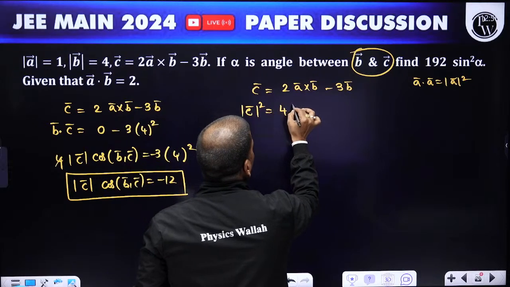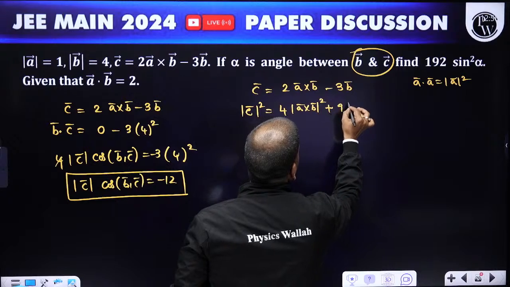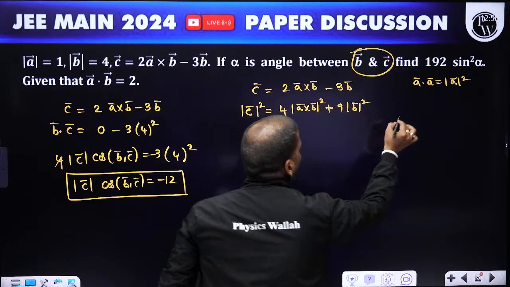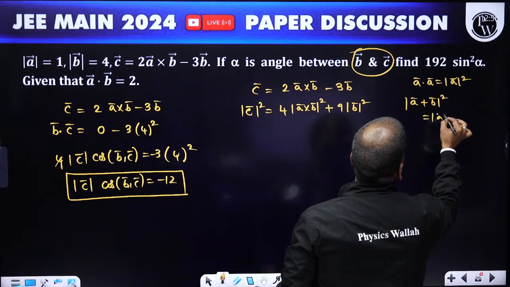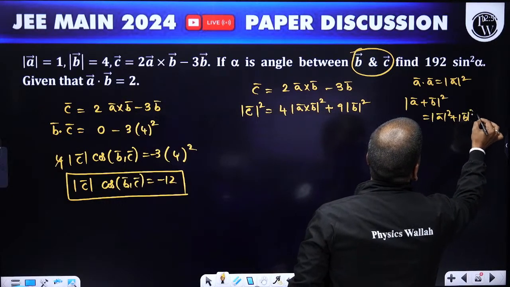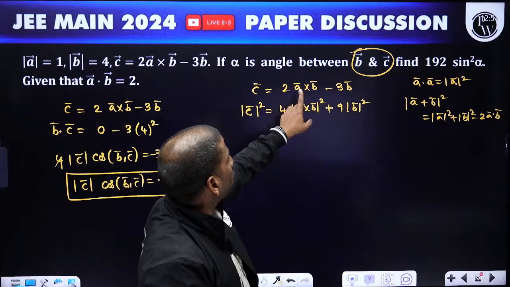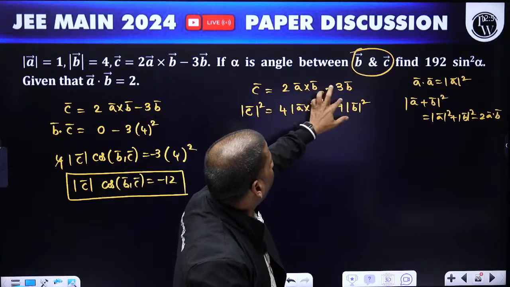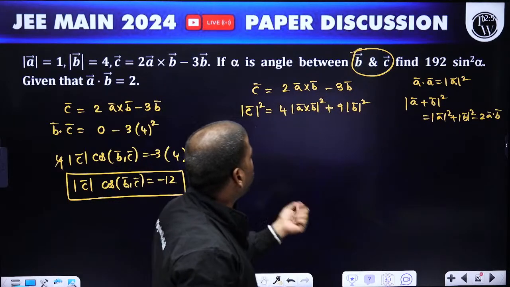This is 4 times mod A cross B whole square plus 9 times mod B square, because this is nothing but A plus B whole square. This is A square plus B square minus 2A dot B. So that is what we have applied. So coming to dot product, A cross B and B both are perpendicular to each other. So that dot product will become 0.